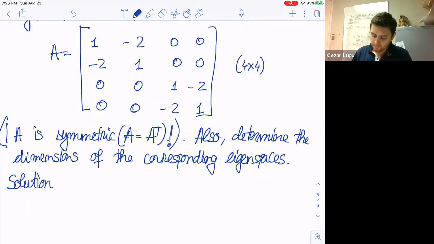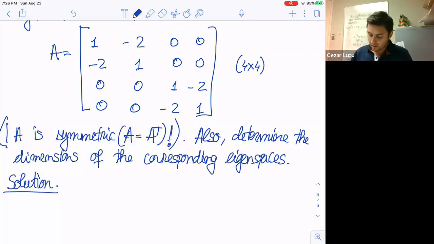Let me point out this fact again: when you have a symmetric matrix, like we do have in this case, the 4 by 4 matrix, you should expect that all the eigenvalues are real numbers, just like we have previously seen from the real spectral theorem.